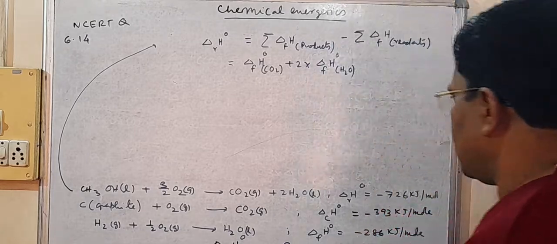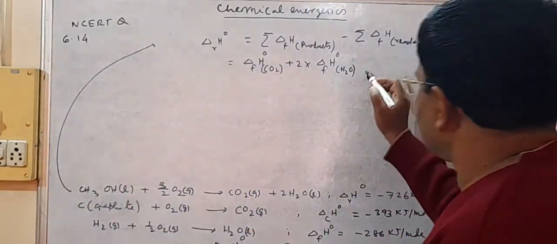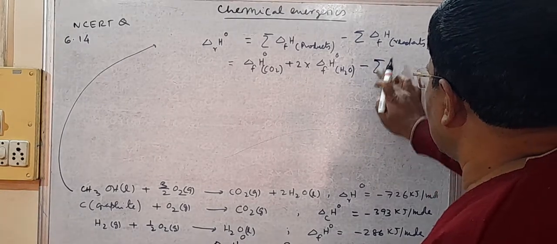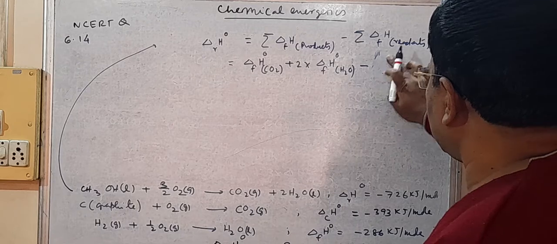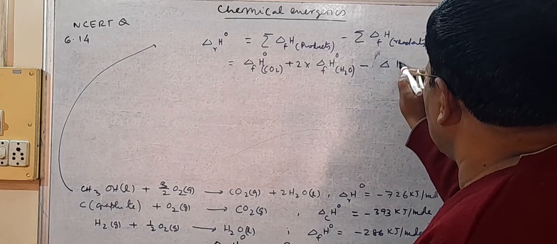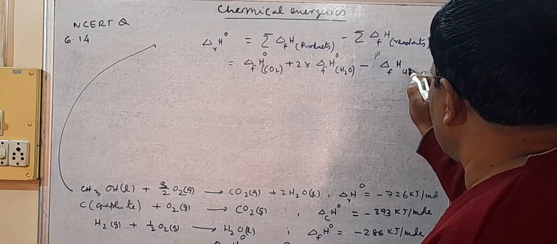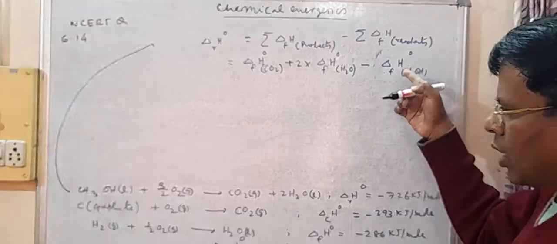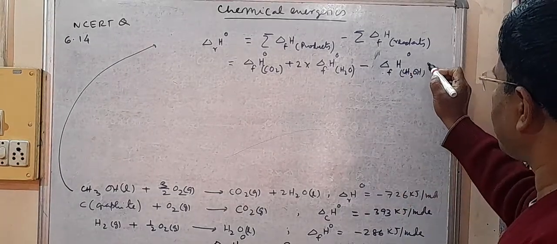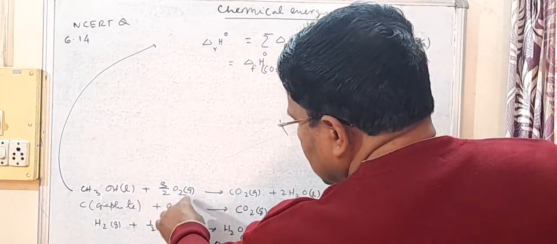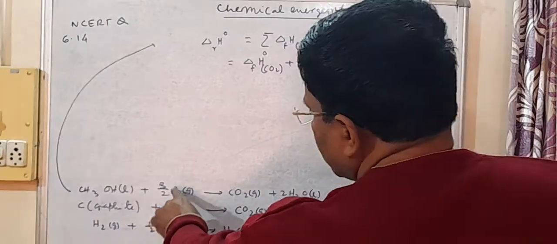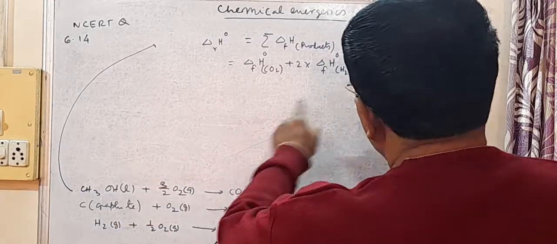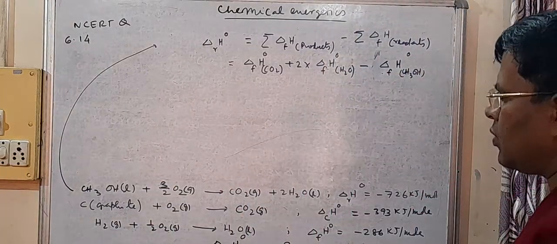So this shows the products, and the reactants minus the standard enthalpy of formation of methyl alcohol. This quantity only we are asked to find out, and you see here this is a free element. The standard enthalpy of formation of a free element is 0. So its value will be 0. So that's why I'm not writing this value.